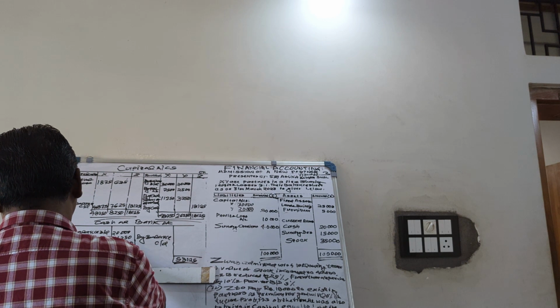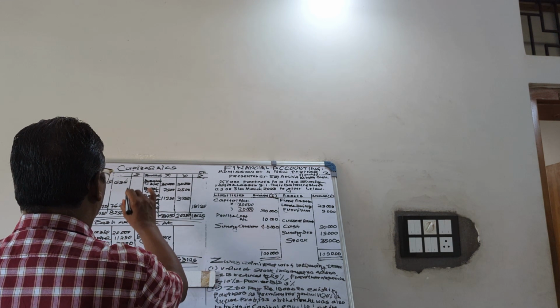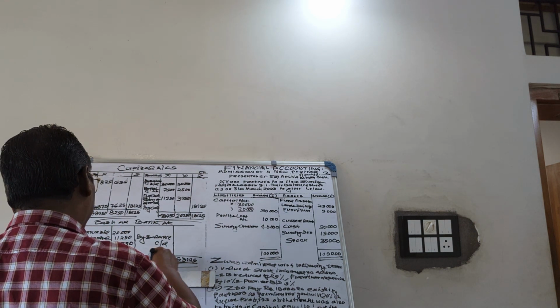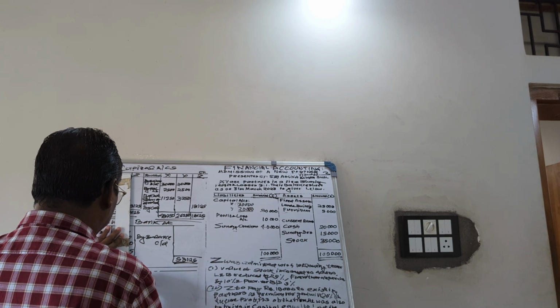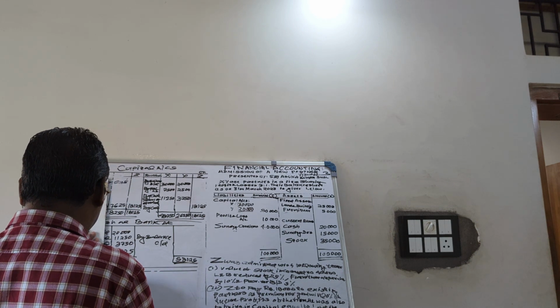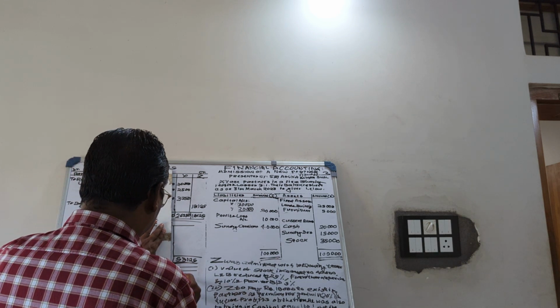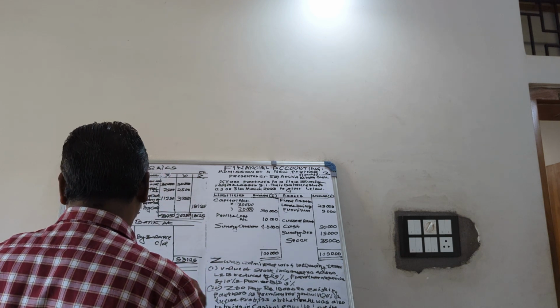Then we will prepare the capital accounts of partners. On the capital account already over, that is balancing figure is given. We will prepare the reconstituted balance sheet of the firm. The firm is newly constituted after admission of Z. So for the reconstituted firm, we will prepare a balance sheet.